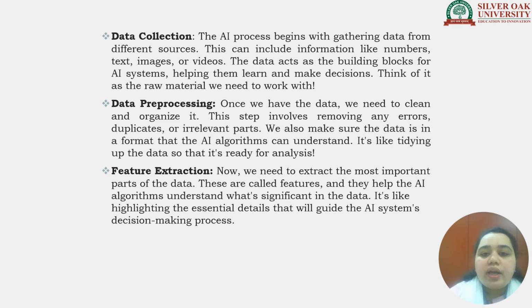Then we need to look into whether there are any errors. If the image size is bigger, we need to slice the image so that we can easily input that image in our model. So data pre-processing has many steps like labeling the data, slicing the image, and removing errors or duplicates if there are any.